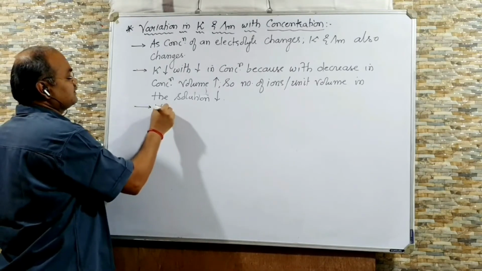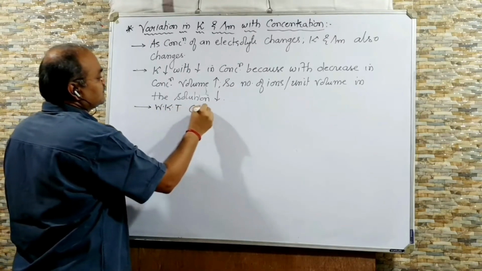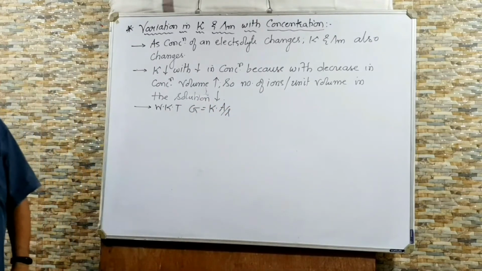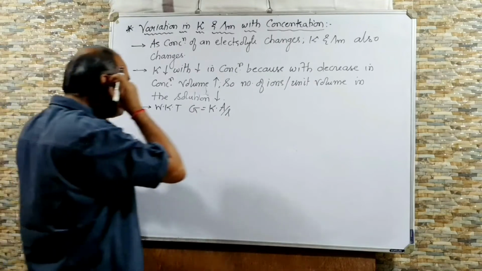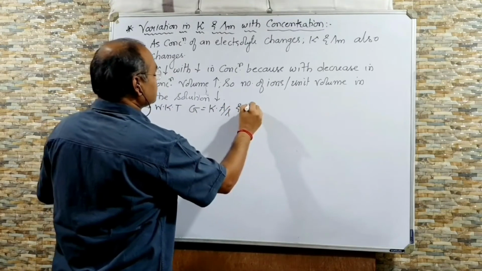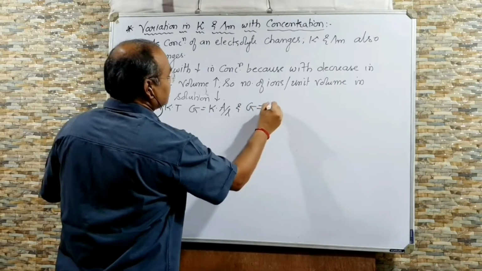Now we know that G is equal to kappa into A by L. This we have studied yesterday.